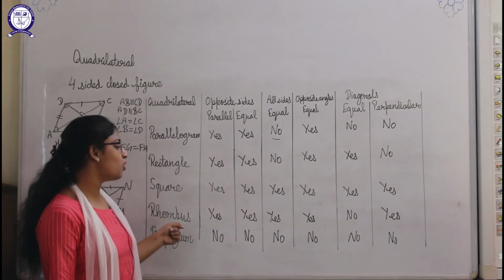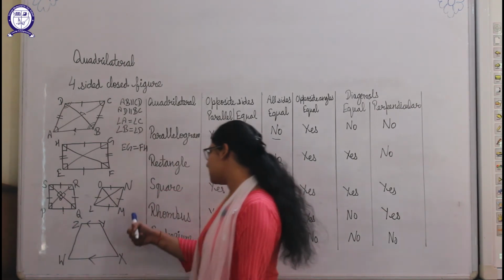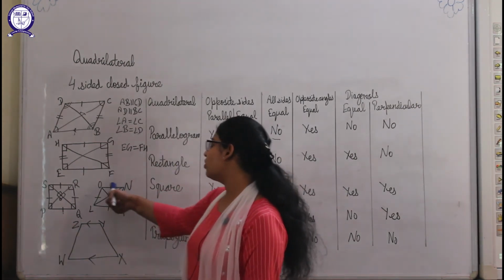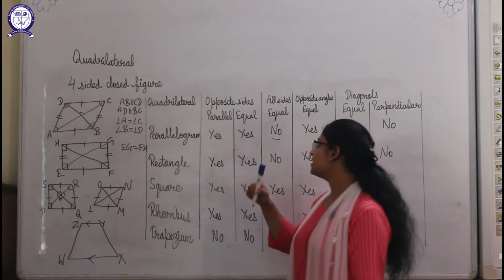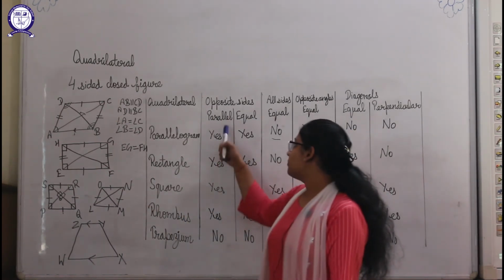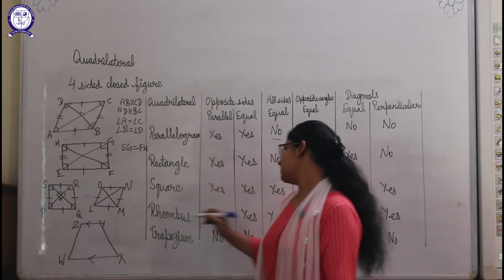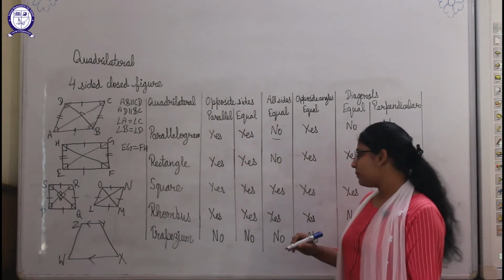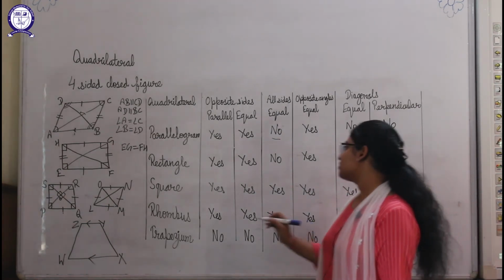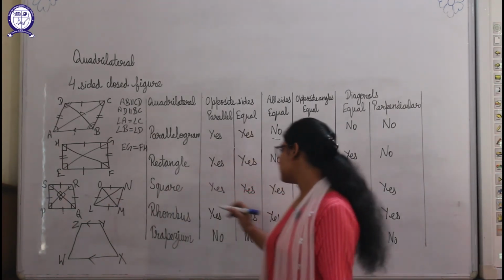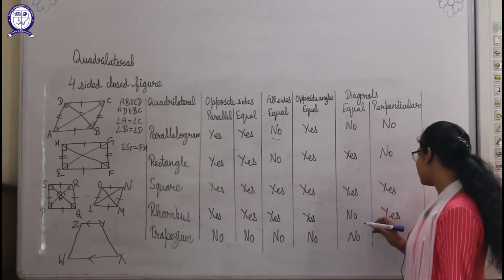Means diagonals are perpendicular to each other. Now next one is rhombus. Rhombus is this figure, students, LMNO. In this all the sides are equal. So in a rhombus all the sides are equal and opposite sides are equal and parallel. Obviously opposite sides are equal and parallel. All the sides are equal. Yes, all the angles are equal. Now, are diagonals equal?